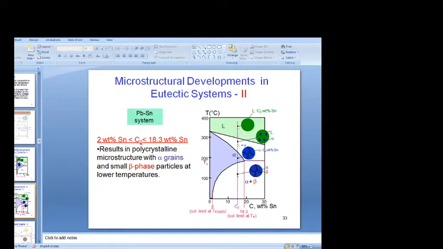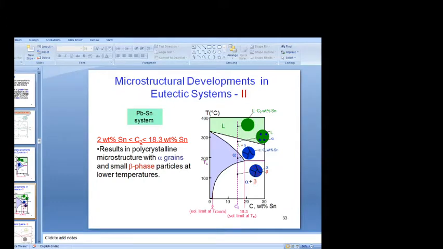This transformation can be represented with a formula, showing how much percentage of Sn is placed in the alpha solid solution and in the beta solid solution, and that combination is representing the transformation from the liquid solution.